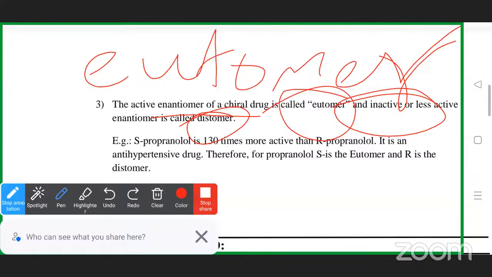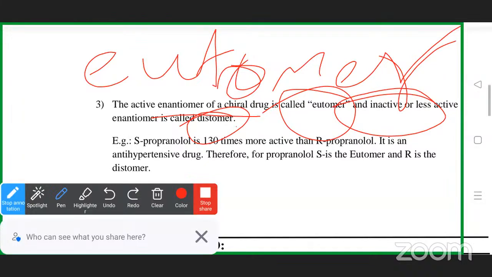So what is a eutomer generally? A eutomer is the more active enantiomer of your chiral compound or drug compound, and the less active or inactive enantiomer of your chiral drug is called the distomer.